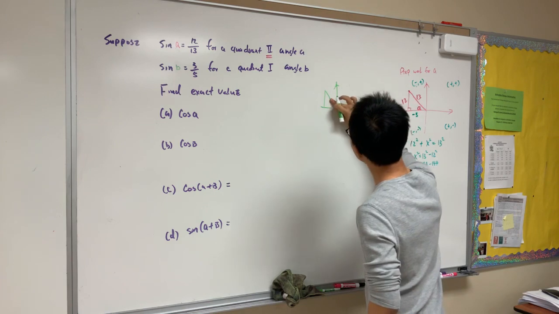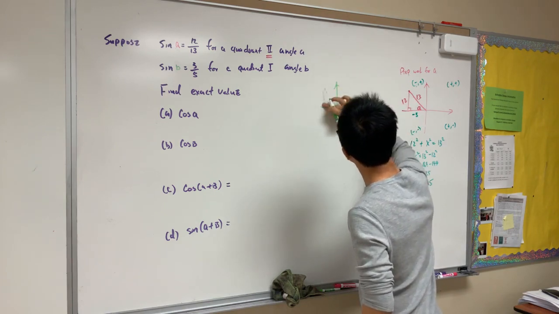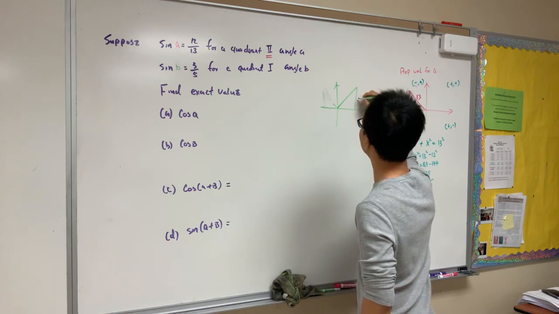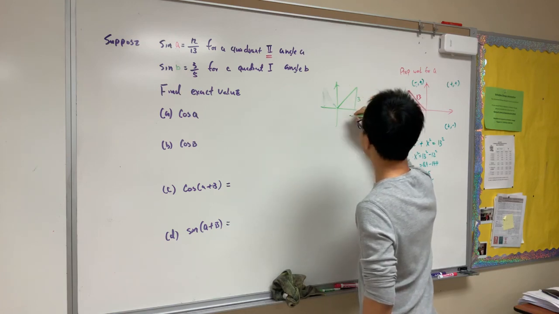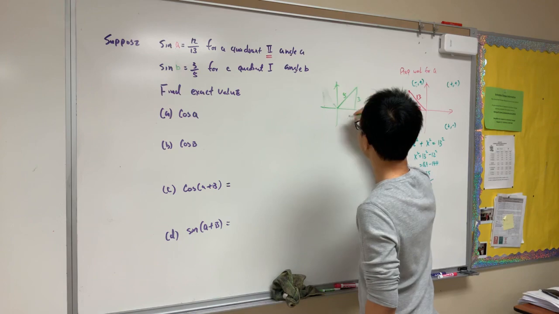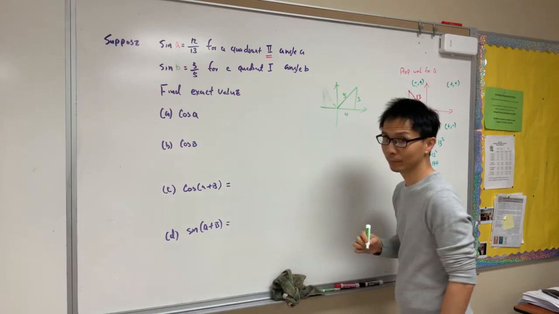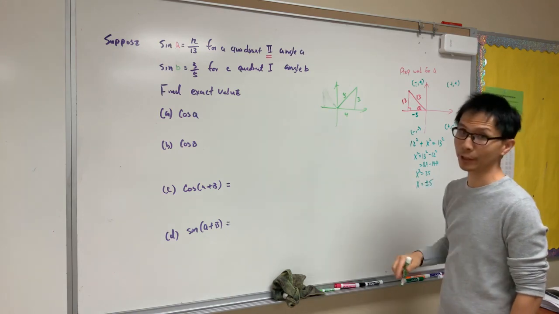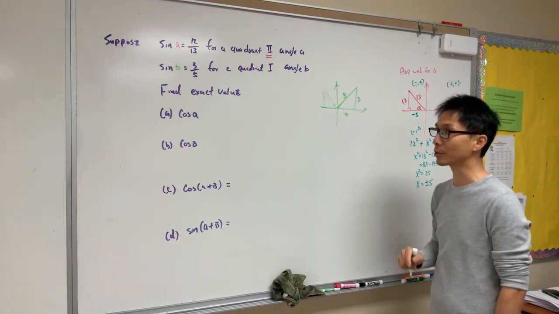This one is gonna be 3, and this one is gonna be 5. So it's a 3, 4, 5 triangle. I gotta make sure that's positive 4. It is positive 4 because it's quadrant 1.